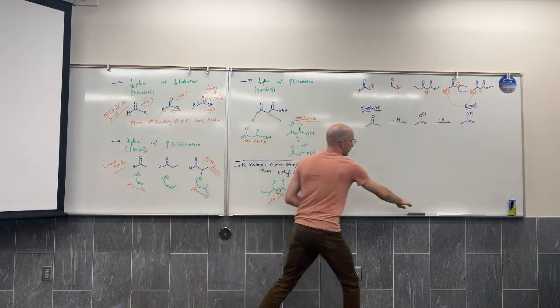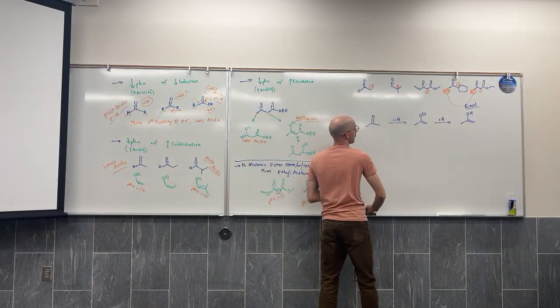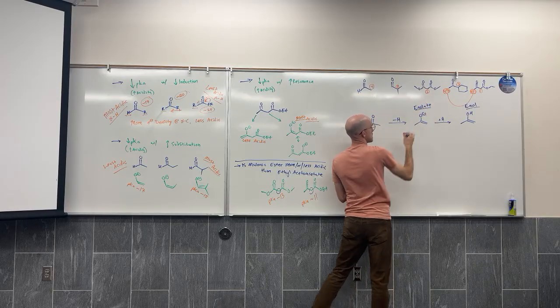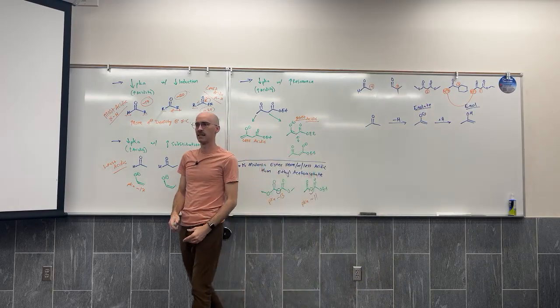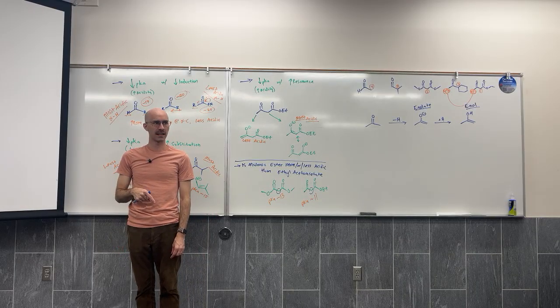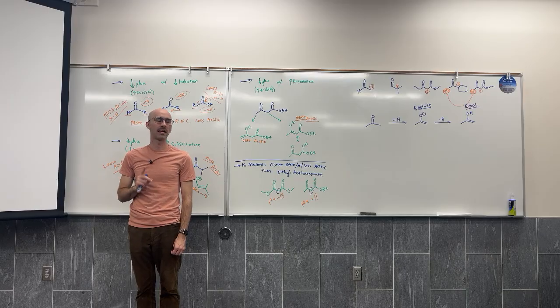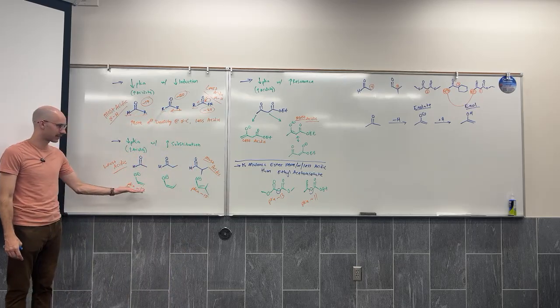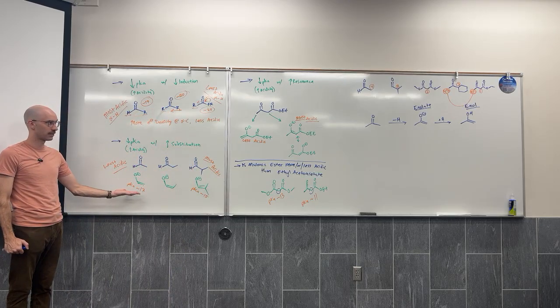You know what? It was weird to label the enolate above the ketone. I should have labeled it here. If I take a hydrogen away from a carbonyl, if I take a hydrogen away from an alpha carbon, I get an enolate. Those are the conjugate bases that we've been talking about here.